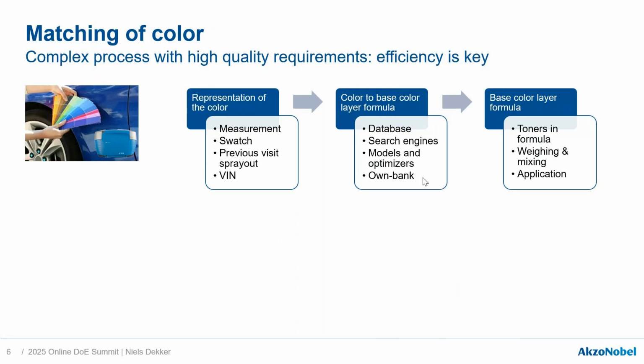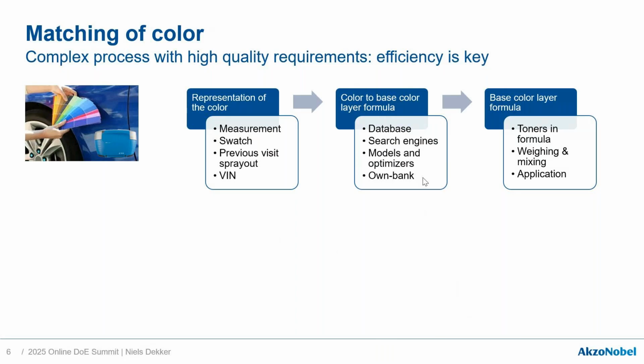It might be that your car went to the body shop before for a previous scratch, for example, and they have a little swatch or little spray out of the paint that they used then. And you have the VIN number, the vehicle identification number in your car, which also contains information that can be turned into a representation of a color.